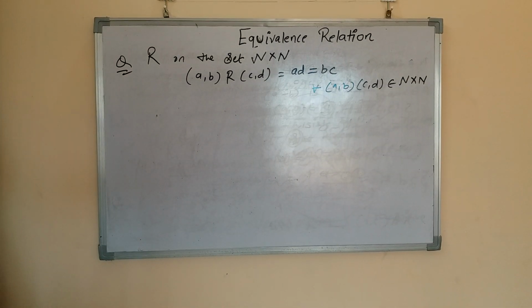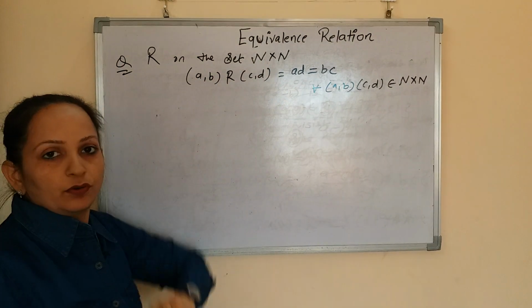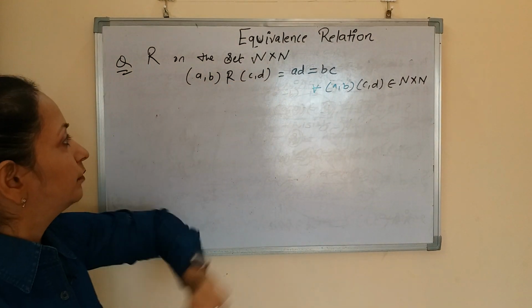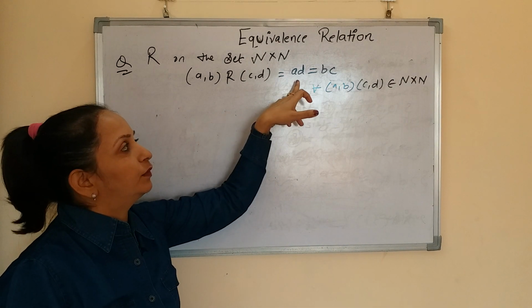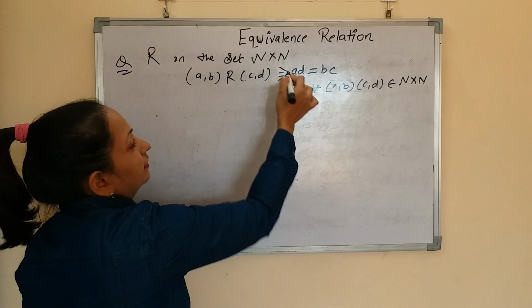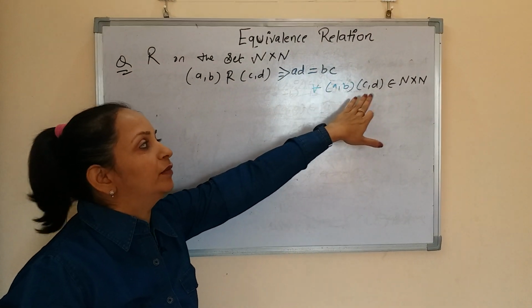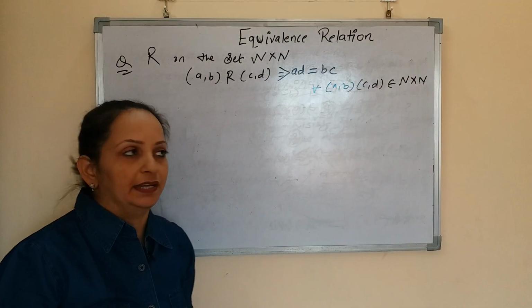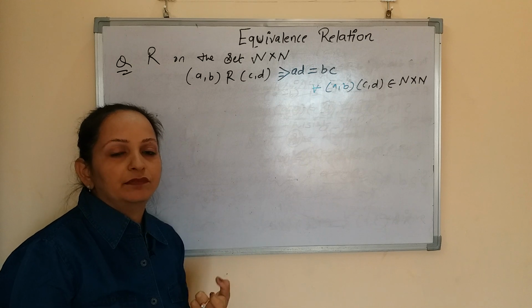So here we have the next example, that is relation R on the set of N cross N, that is natural numbers, and the relation says (A,B) R (C,D) if AD is equal to BC for all (A,B), (C,D) belongs to N cross N. Here what is the trick? Till now we have seen examples with one variable.